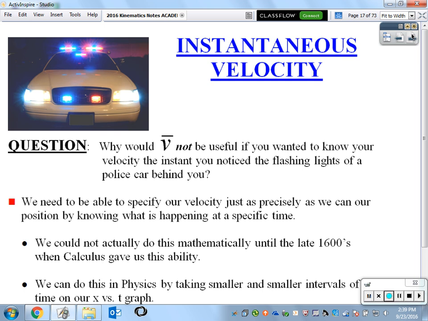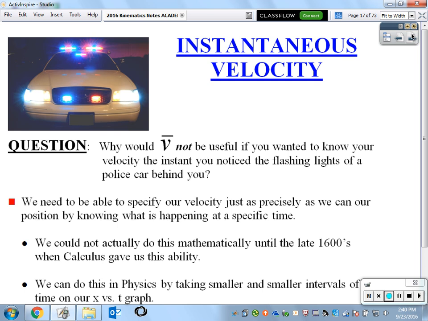Let's imagine that you are driving home from school today, and you just happen to be exceeding the legal speed limit on your way home. An officer is going to come up to your window and probably have a little chat with you. You know that you were speeding. I would love for you to try this. See how it works.